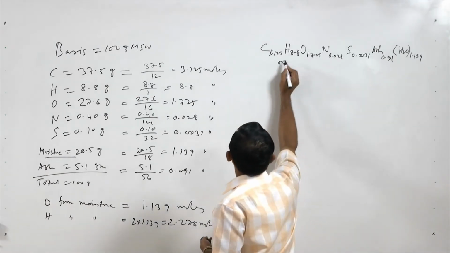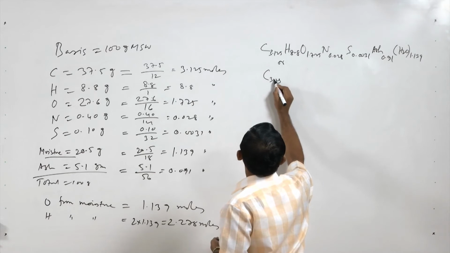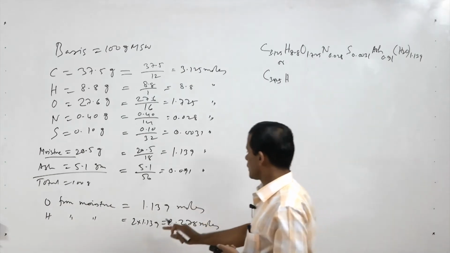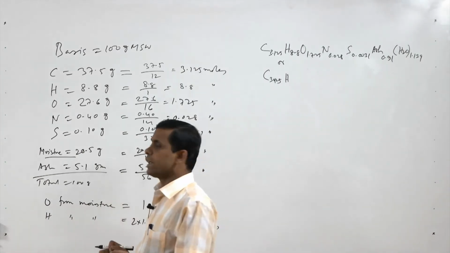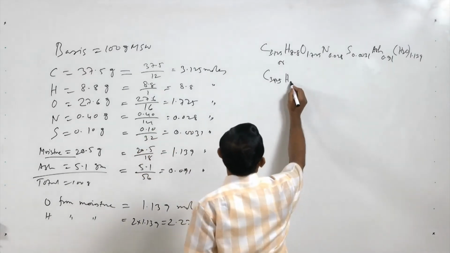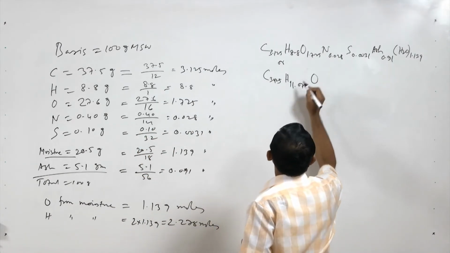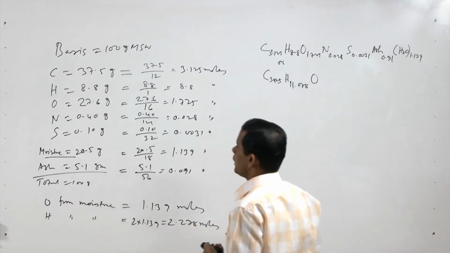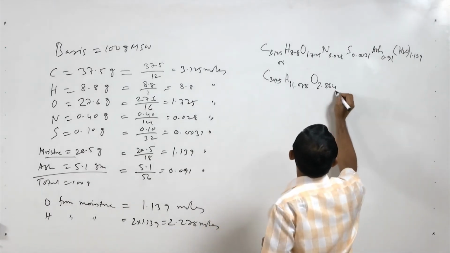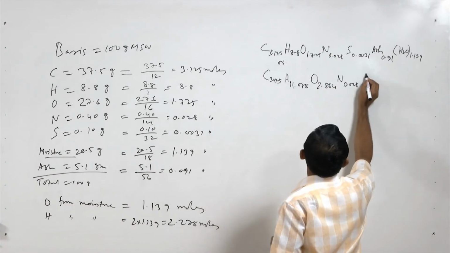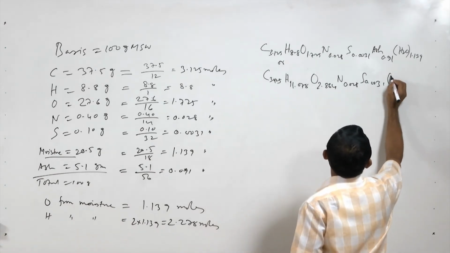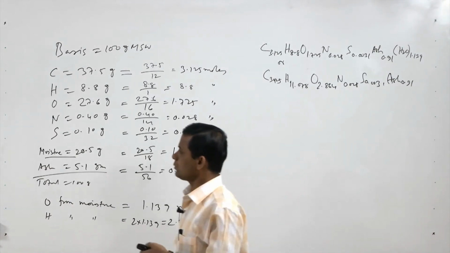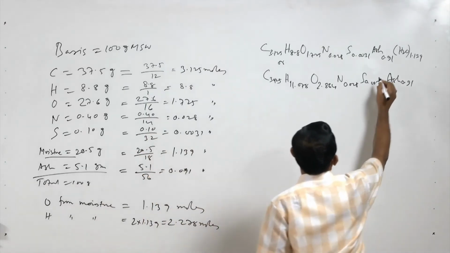Or we can write C 3.125, H 8.8 plus 2.278, that is 11.078, oxygen similarly 1.725 plus 1.139, so it is 2.864, N 0.028, S 0.0031, S 0.091.